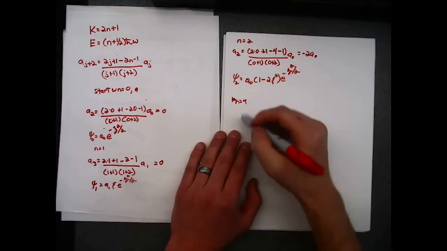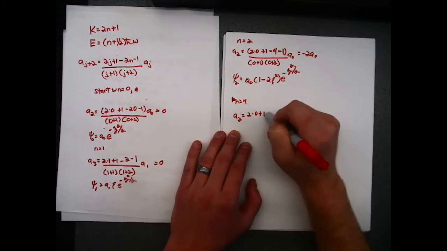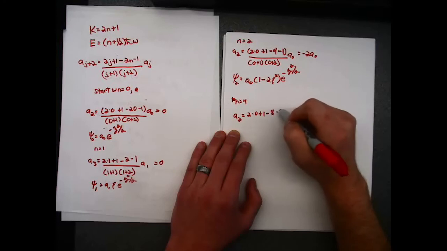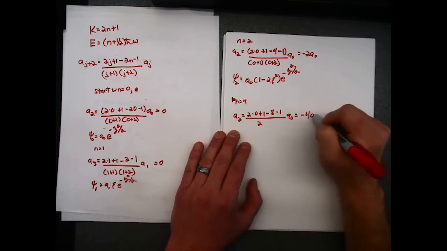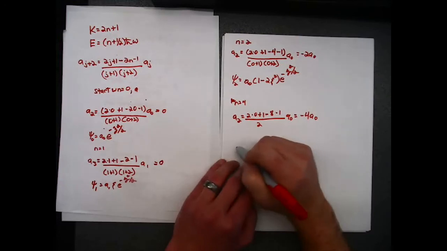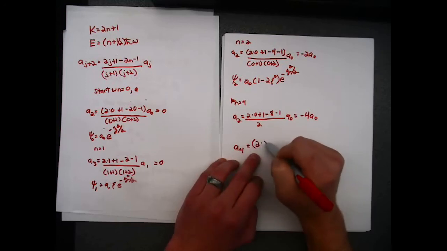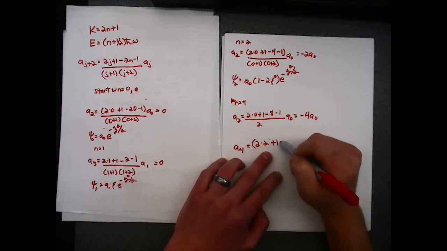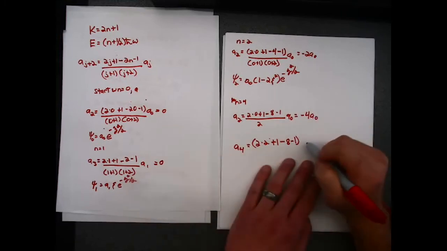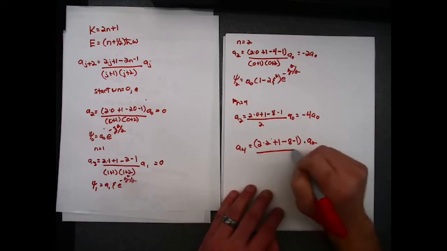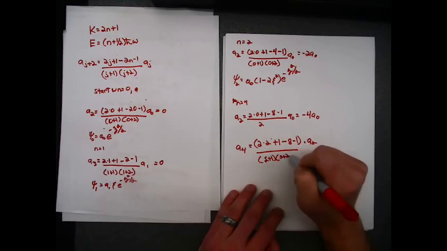So we're still going to be on the even side of things. a2 is 2 times 0 plus 1 minus 2 times 4, which is 8, over 2, so minus 4 a0, and a4 is going to be equal to 2 times 2 plus 1 minus 2 times n, so again minus 8, minus 1 times a2 over 2 plus 1 times 2 plus 2, so that's 3 times 4, that's 12.